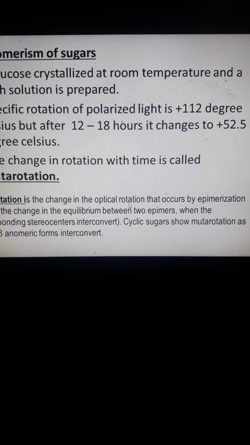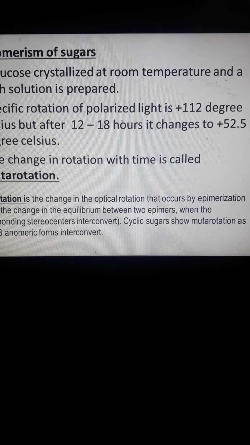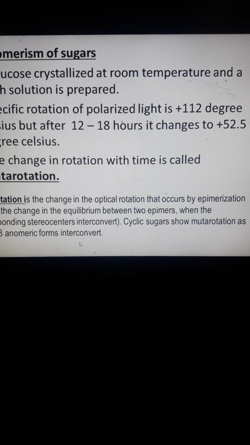It is a change of optical rotation that occurs by epimerization, wherein rotation occurs at the second, third, or fourth carbon atom. That is the change of equilibrium between two epimers when the corresponding stereocenters interconvert. So this is interconversion. Cyclic sugars show mutarotation at the alpha and beta anomeric forms, which are considered to interconvert.